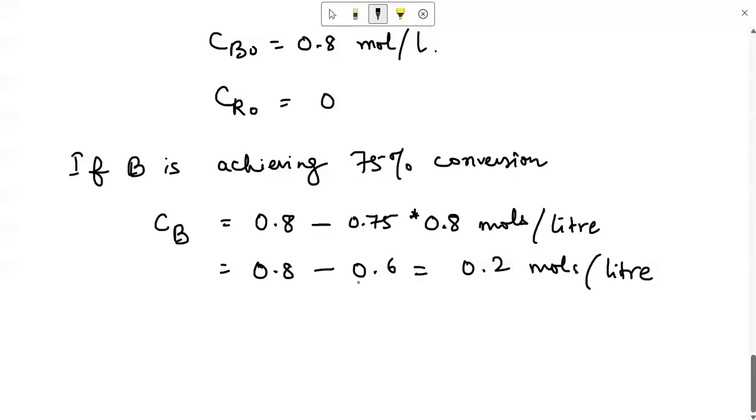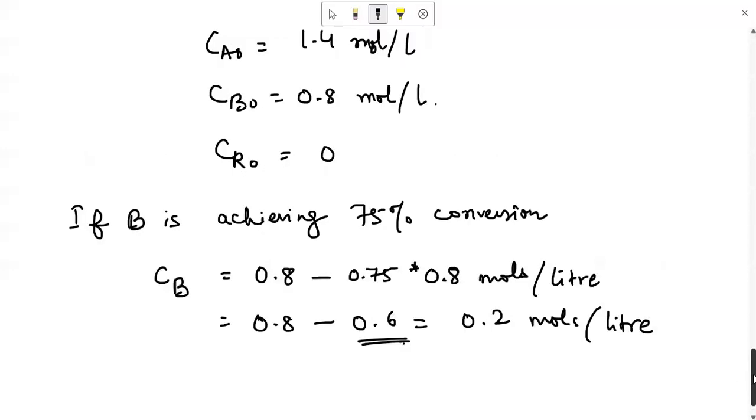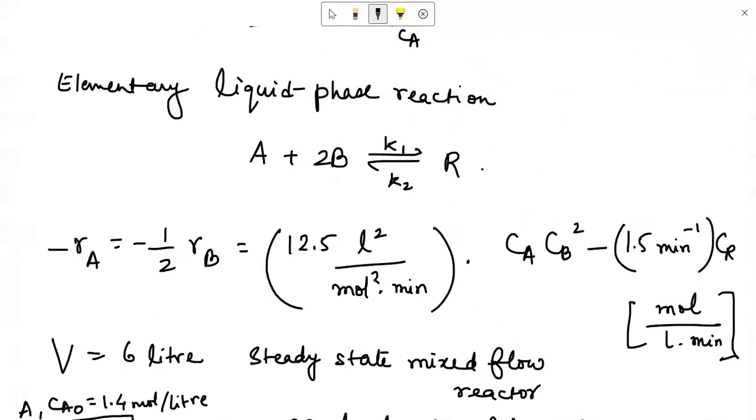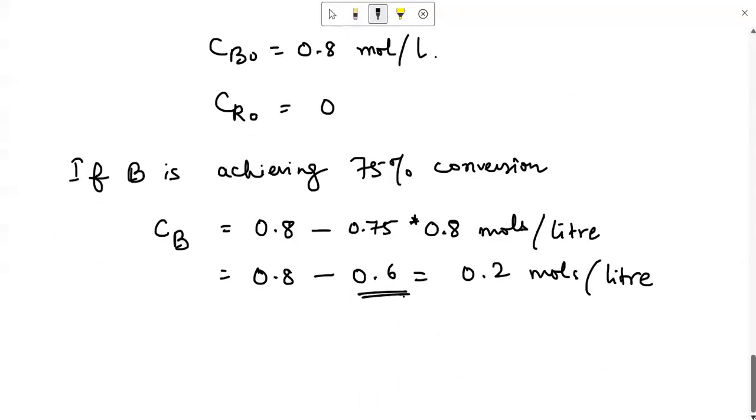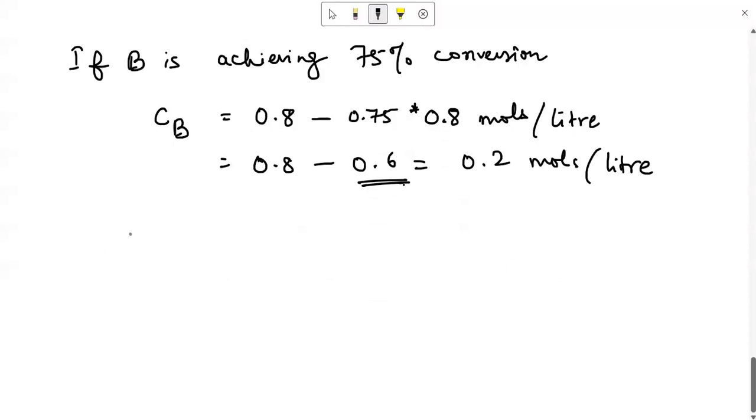Now we know 0.6 moles of B is reacting. Now we'll go back to the reaction stoichiometry. For 1 mole of A, 2 moles of B will be reacting, right? So now let us find what Ca will be.